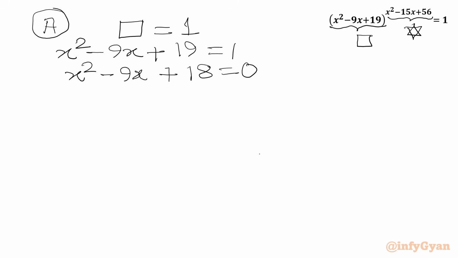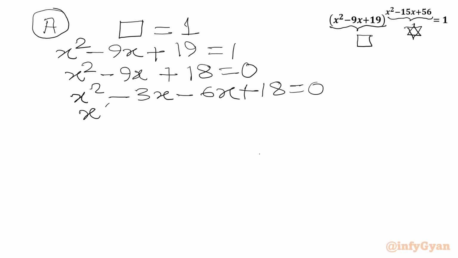We have a quadratic equation. We'll use the method of factorization. So we can write x square, and we can split 9x as 3x minus 6x: x square minus 3x minus 6x plus 18 equal to 0. From the first two terms, we can take x common out and get x minus 3 in the bracket.